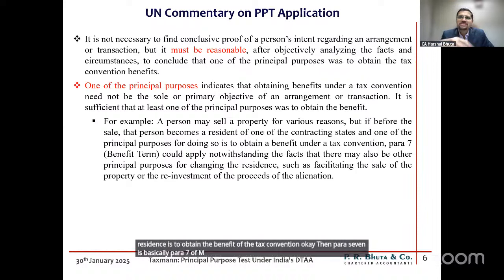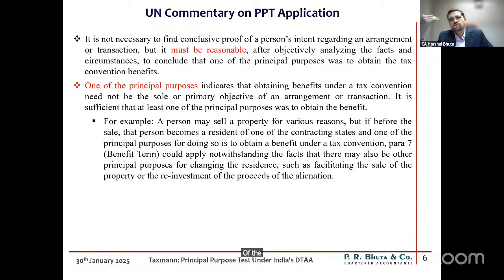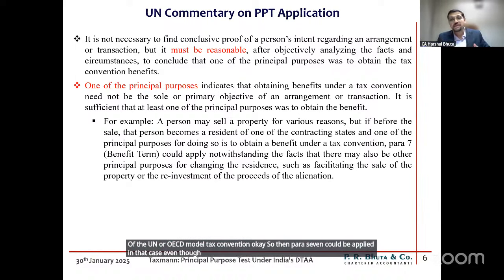that is the same as Article 29(9) of the UN or OECD model tax convention. Then para 7 could be applied in that case, even though you have multiple principal purposes, such as facilitating the sale of the property, or reinvestment purposes, for which you have changed your residence.